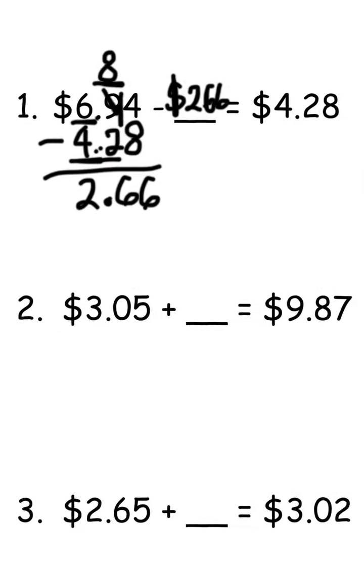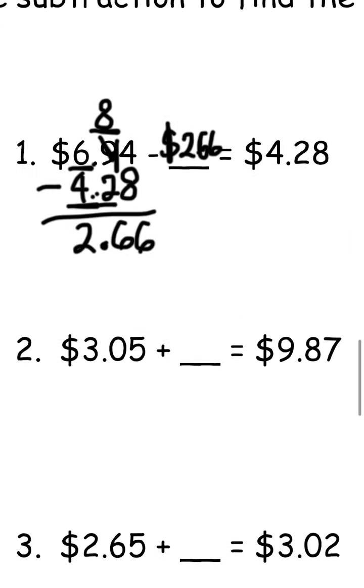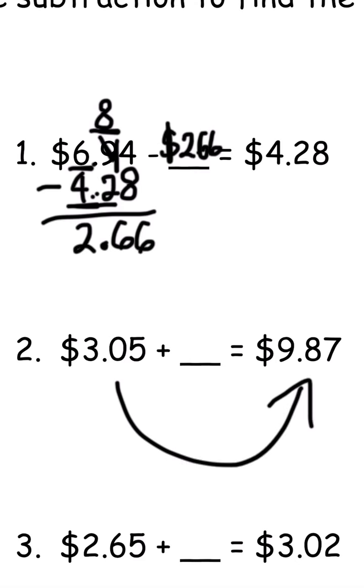Let's look at number 2. For number 2, we have addition instead of subtraction, so we need to subtract $3.05 from $9.87.